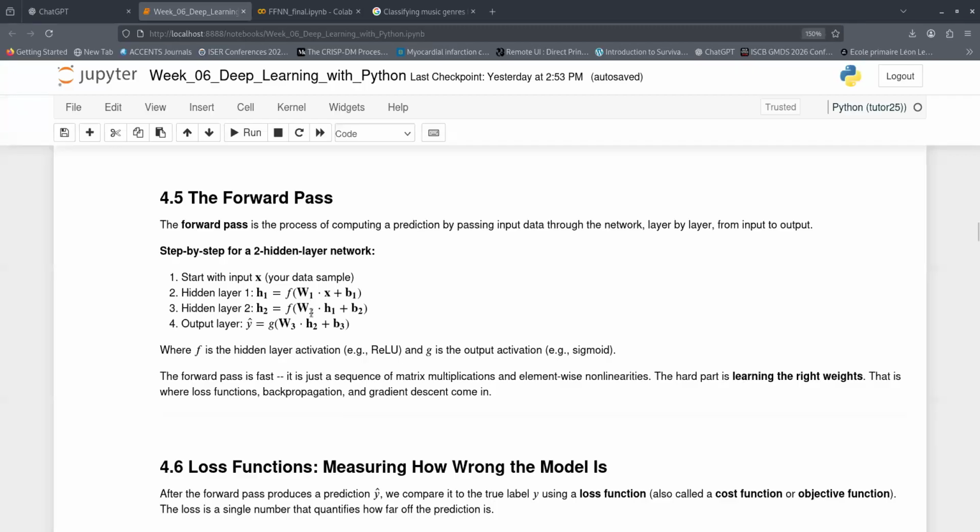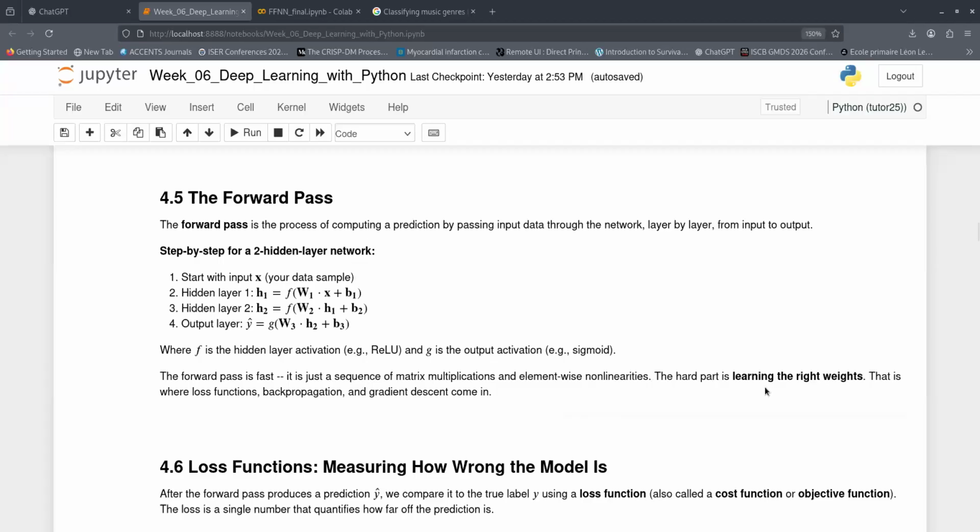The weights will not be randomly initiated. It's just going to adapt based on the training process, based on the forward pass of this neural network, learning the right weights.